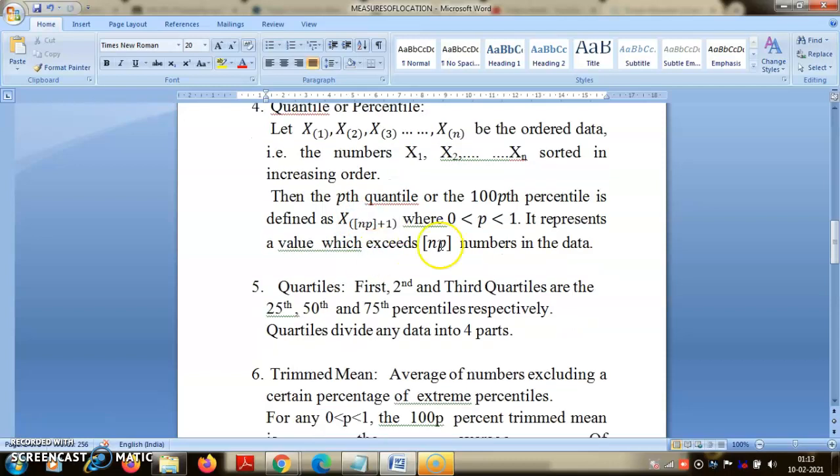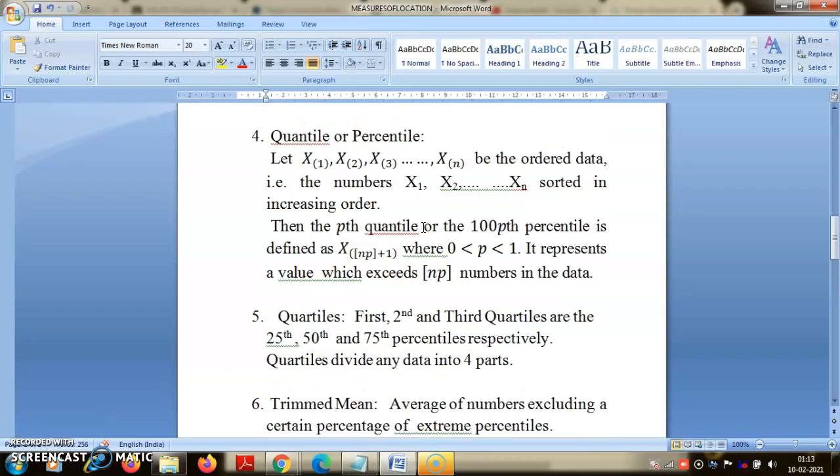It represents a value such that only n into p numbers exceed it. If I ask you for the 90th percentile, it represents a number such that only 10% of the numbers are more than this number. This is very widely used these days to report scores.